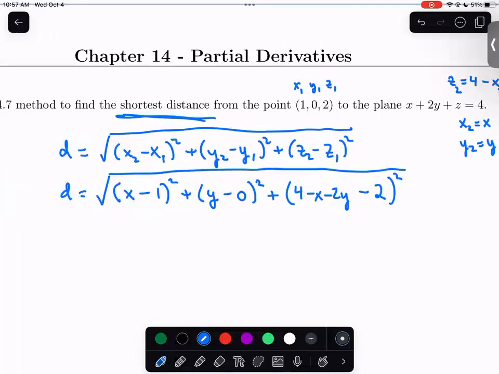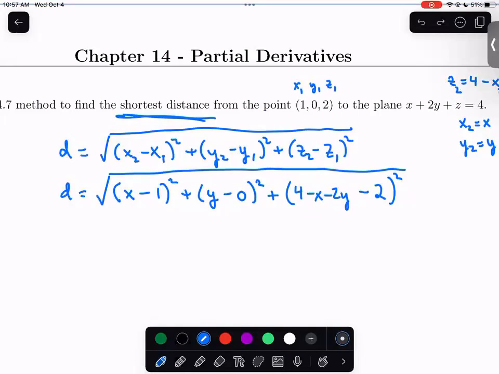So now instead of having a distance formula between any two points in space, I have a distance formula between my point (1, 0, 2) and a point on the plane. The plane, again, has the equation z equals 4 minus x minus 2y, so that's where I guaranteed that we're on the plane.